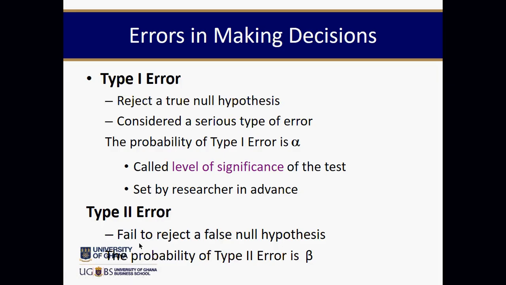Using the same example of the exams, if you've written a wrong thing and the lecturer marks it correct, you won't go back to the lecturer to change it. You get it? So that's the type 2 error. You've written something wrong and the lecturer has marked it correct, type 2 error. But if you've written something correct and the lecturer has marked you wrong, it is type 1 error.